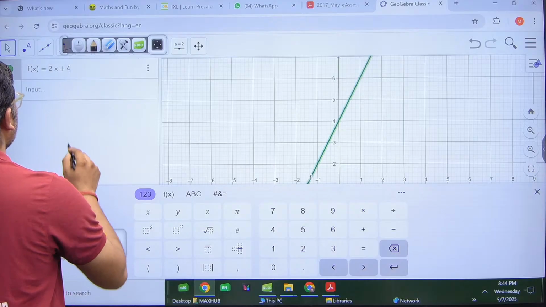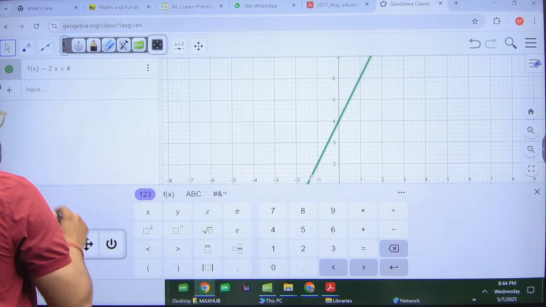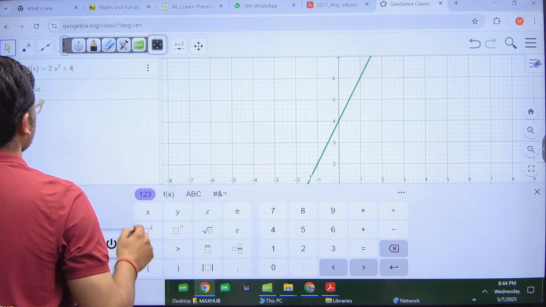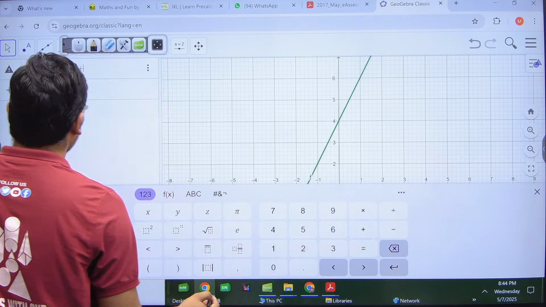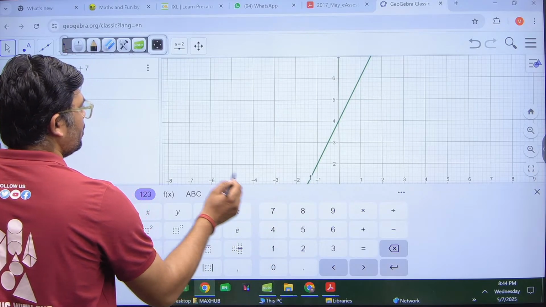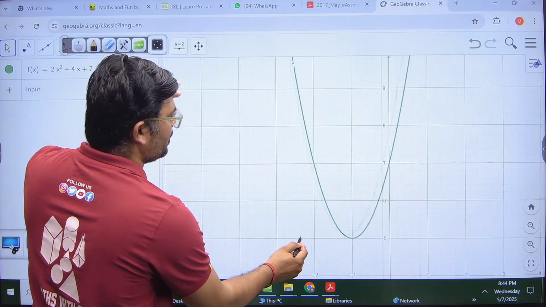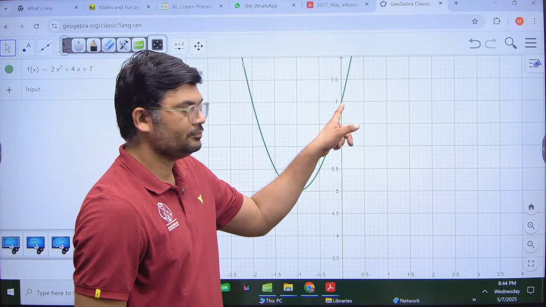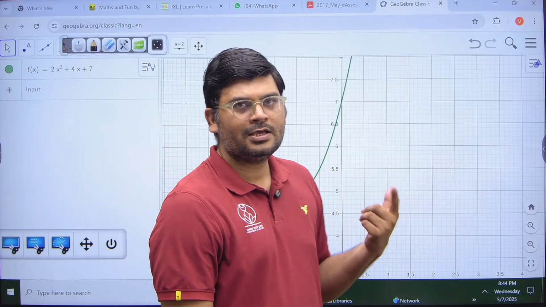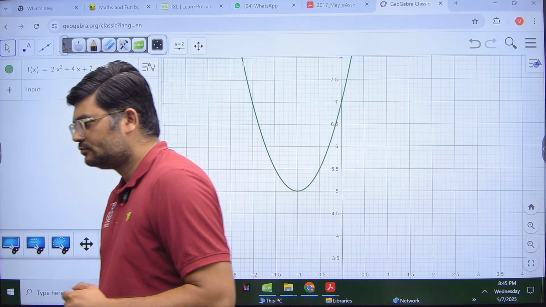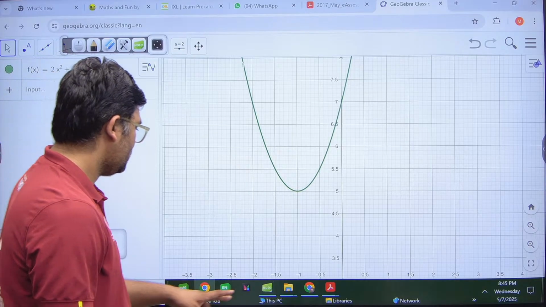So this equation only I am changing. 2x square plus 4x, and if I write plus 7, you will see the graph is going to touch 7. Can you see that? Yes, sir. So the first point is always 0, C. Understood? Yeah. Okay.